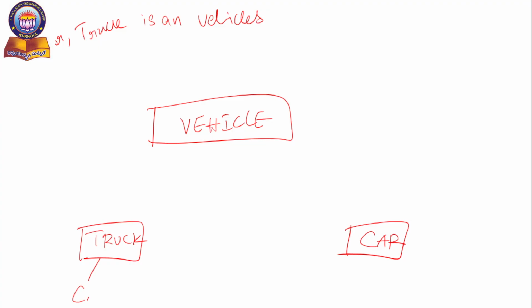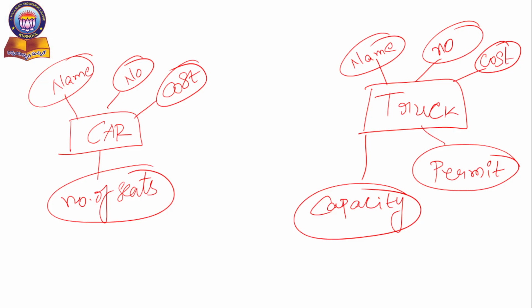For truck, different attributes are there: capacity, permit. In the previous example, the truck attributes were truck name, truck number, and truck cost. Additionally, the different attributes which are not there in the car are capacity and permit.